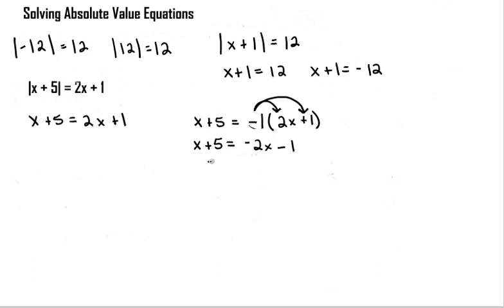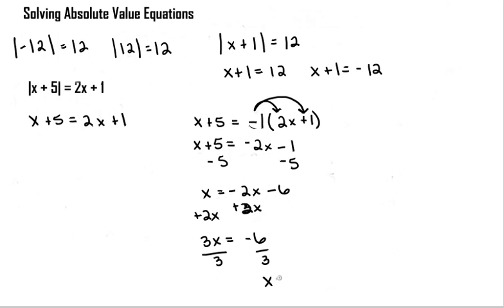From here, we subtract 5 from both sides of the equation and get x equals negative 2x minus 6. We add 2x to both sides of the equation, and we get 3x equals negative 6. We divide both sides by 3 and get x equals negative 2.